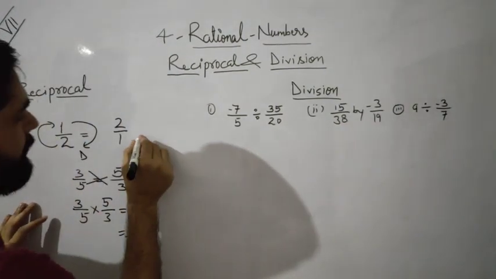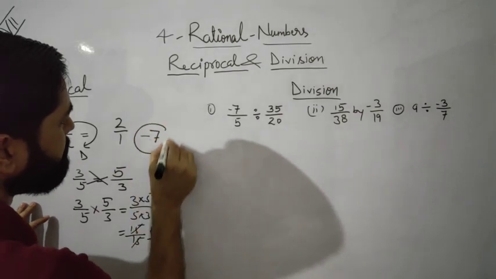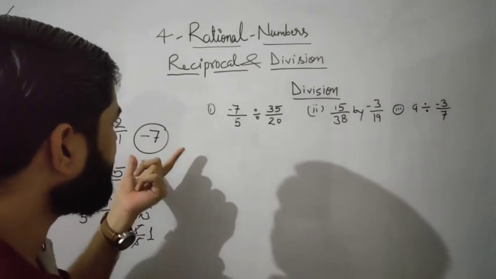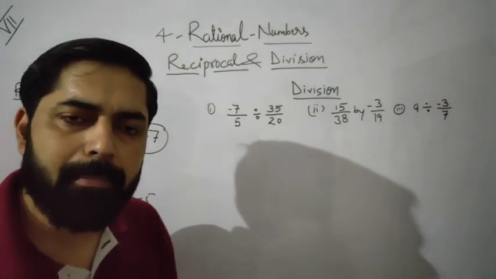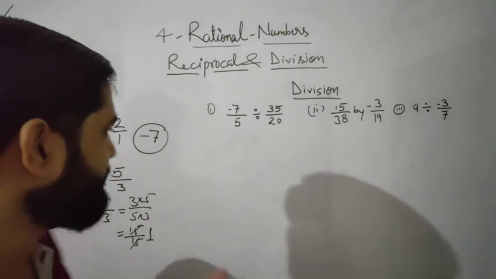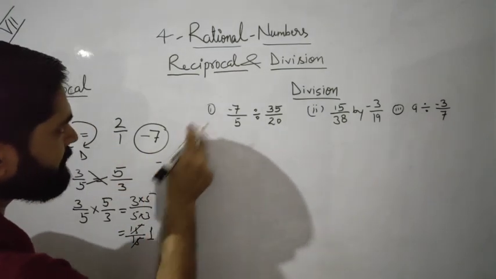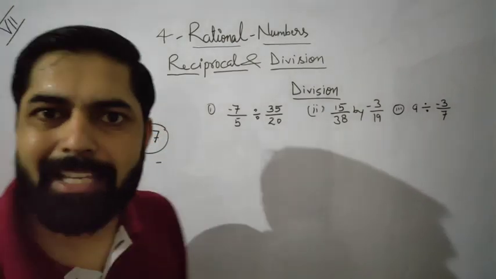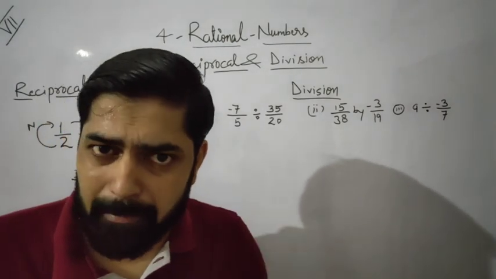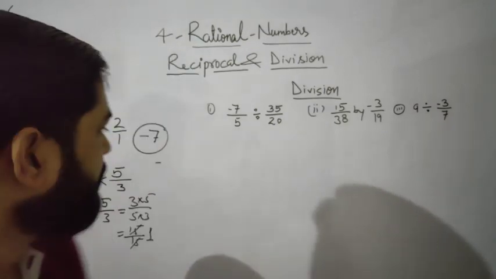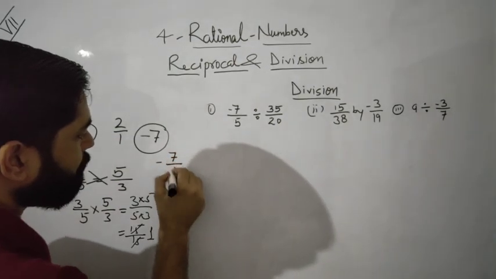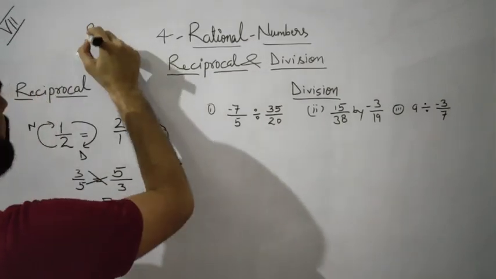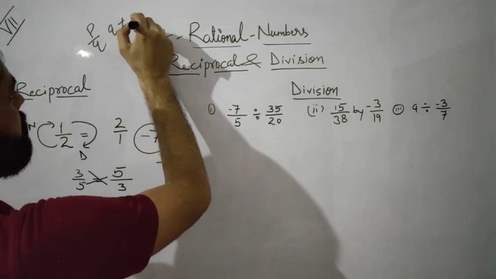Another example: the question asks, what is the reciprocal of -7? How can we find the reciprocal of -7? This is very easy. We know this is the chapter of rational numbers, and this is -7. So we can write -7 as a rational number. You know how? We write the denominator as 1, because you know a rational number is p upon q, where q is not equal to 0.